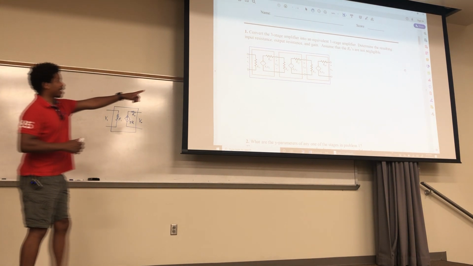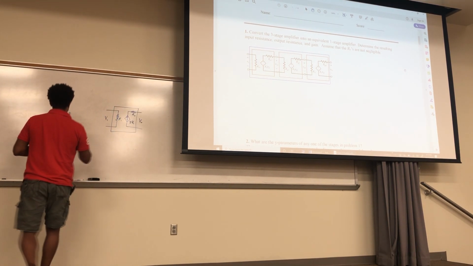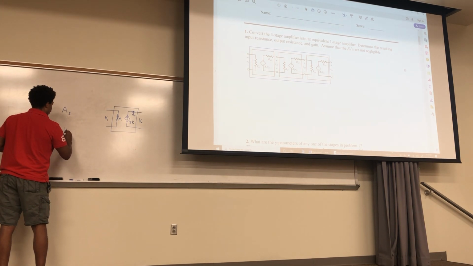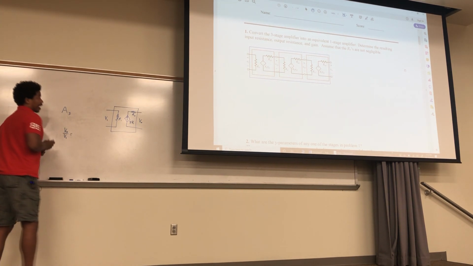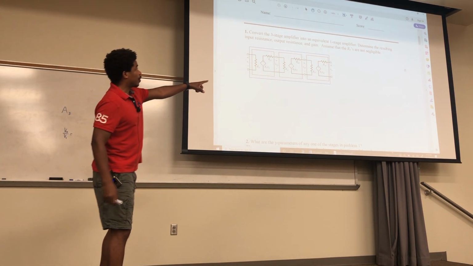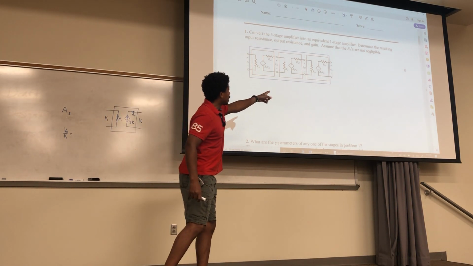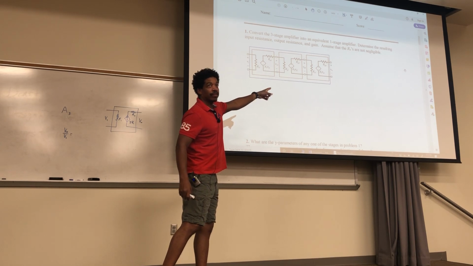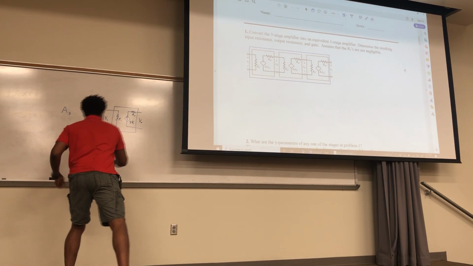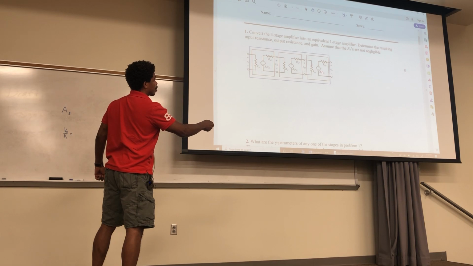You guys see that? At that stage it's just A3 for that gain. If you don't see that, look at this right here, V out over V in. Your output voltage is going to be A3 times VI3. This right here is going to be your output voltage because there's no current drop, so it's just going to be this voltage right there.